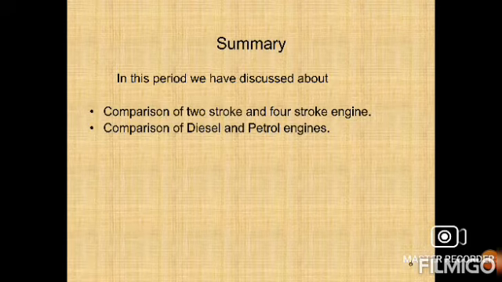In two stroke engines, all events are completed in one revolution: suction, compression, power and exhaust are completed by the movement of the crank in one revolution only. At the same time, in four stroke engines all events are completed in two revolutions of the crankshaft, right? So there is a power stroke for every two revolutions.